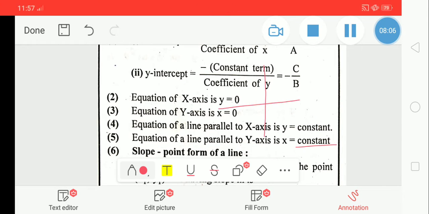Here also, for a line parallel to the y axis, the value of x is a constant. So when a line is parallel to the y axis, x is a constant, and when a line is parallel to the x axis, y is a constant.